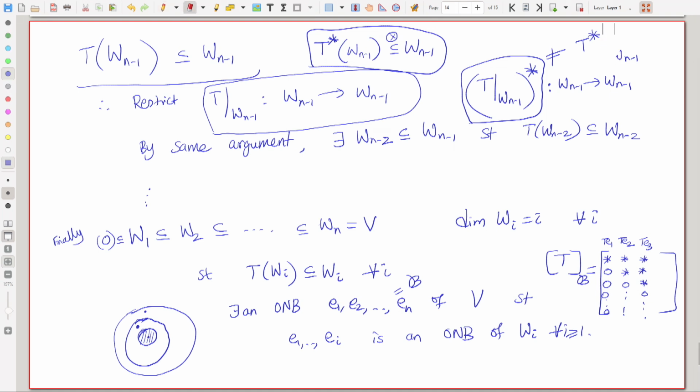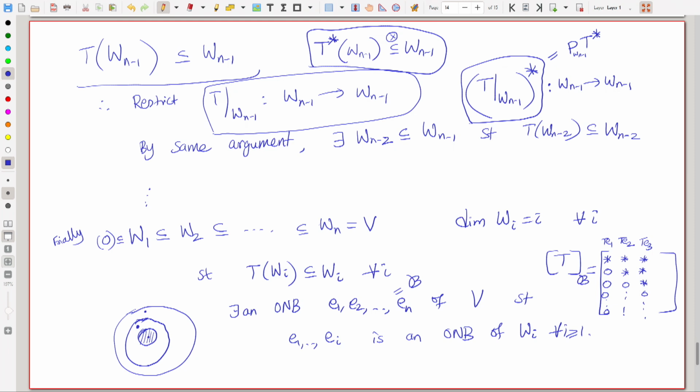I did not want to get into the full details, but essentially these two operators are not the same. If you want to write an actual equation, the star of T restricted to W_{n-1} is the following: you apply T star to W_{n-1}, the answer will go out of W_{n-1}, and then you project back to bring it into W_{n-1}. So P is the projection onto W_{n-1}.